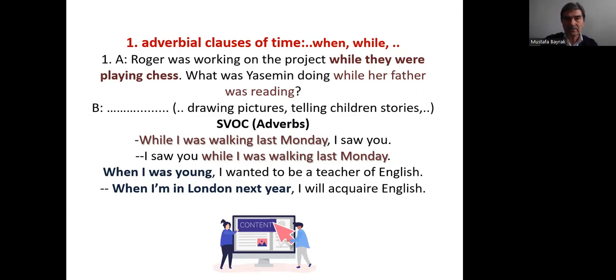Subject, verb, object, adverbs. While I was walking last Monday. So this is a dependent clause. There are the elements of sentence structure as subject, verb, object, complement, but it is not an independent sentence.